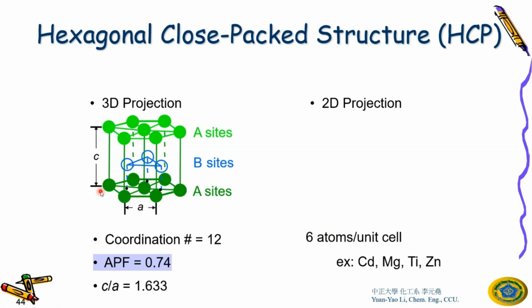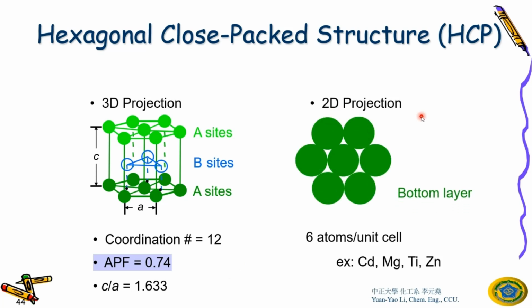So what I want to tell you here is that the APF is 0.74, the same as FCC, and the only difference is the packing sequence. For the two-dimensional projection, this is the bottom layer, the A site. After A, you have a choice of B site or C site. You put the B site first, so this is the middle layer.